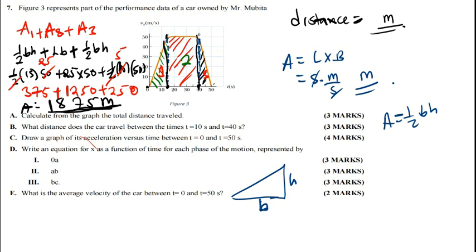Now, if I go to part B, which is asking what distance does the car travel between time t equal to 10 and t equal to 40. Allow me to get rid of this again so that we look at it clearly.